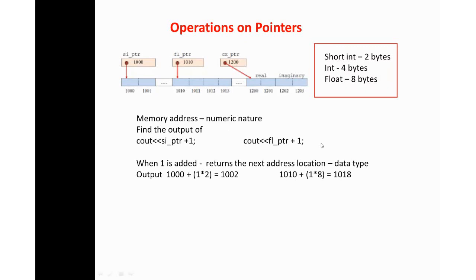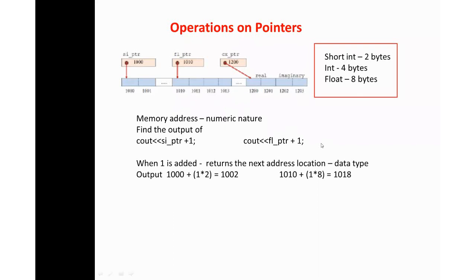Address location only will be returned. How that address location is returned is based on the number of bytes occupied by that particular data type. Based on the number of bytes occupied by that data type only, the next address location is returned for you.